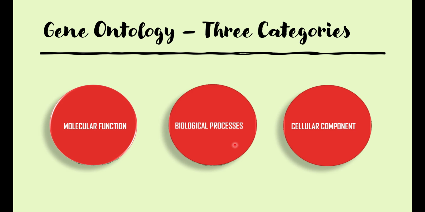Biological processes categorizes the genes according to their biological goals, such as mitosis or purine metabolism, that are accomplished by ordered assemblies of molecular functions. And the last is the cellular component, which is where the gene is present, the subcellular structure location of the gene, for example, if it is present in the nucleus or telomere, etc.